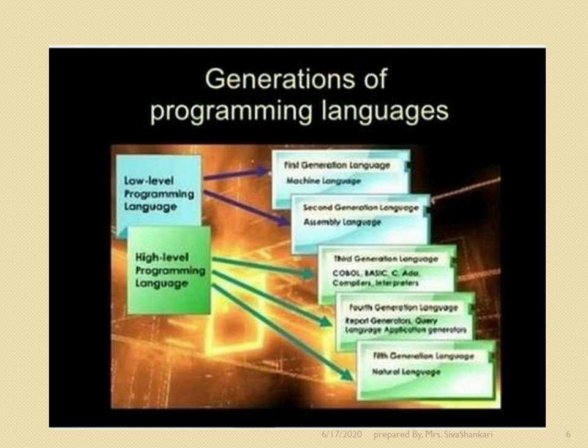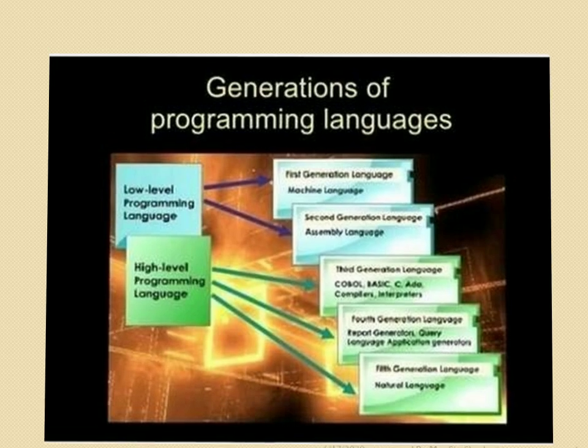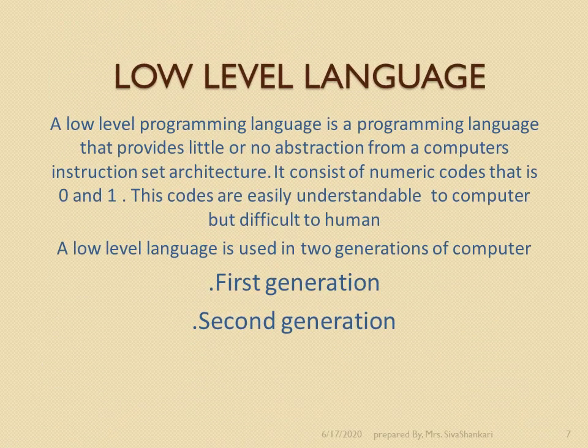The low-level language comes in the first and the second generation. The first and the second generation used only low-level language. And the third, fourth and fifth generation used high-level language. We'll see details about low-level language.